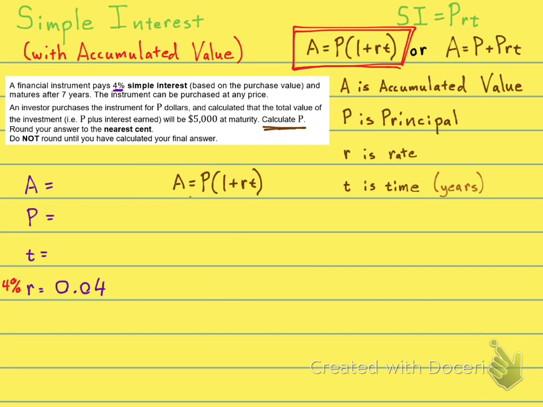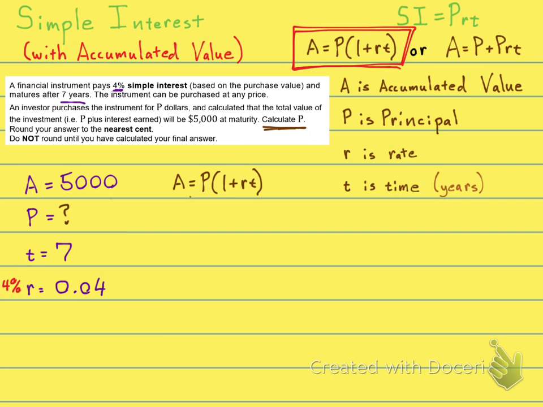And it's going to mature after 7 years, so my time in years is 7. Calculate P, that's my unknown. And then this $5,000 is P plus the interest earned. That's your accumulated value.